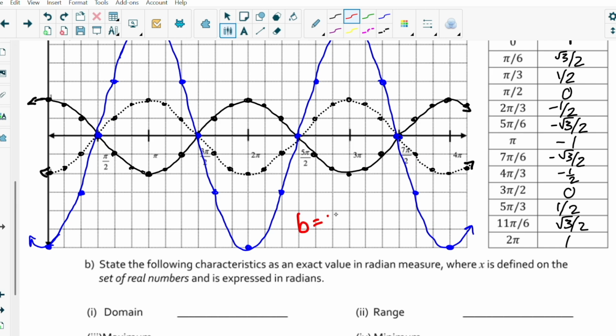So for a b value equal to 2, right, that is a factor of 1 over absolute value of 2. So that's a factor of 1/2. So all the x values from the blue graph get multiplied by 1/2. So this is what happens.